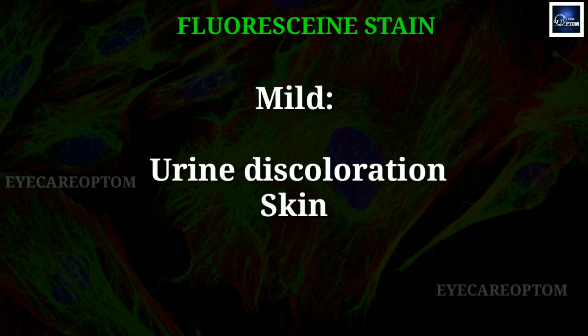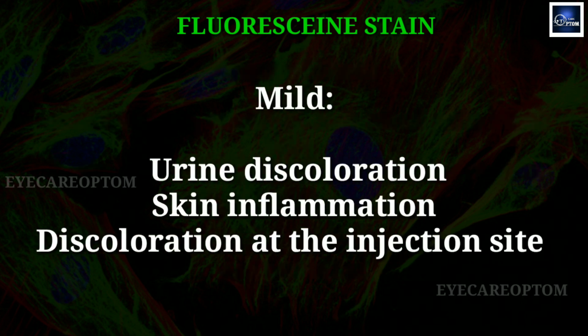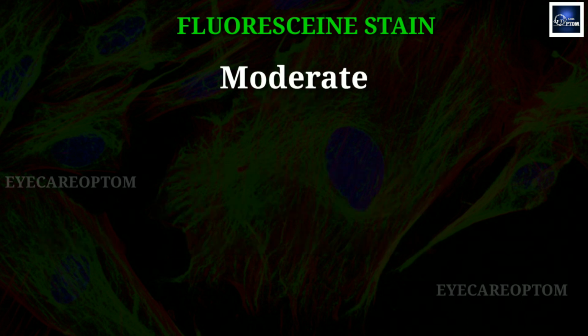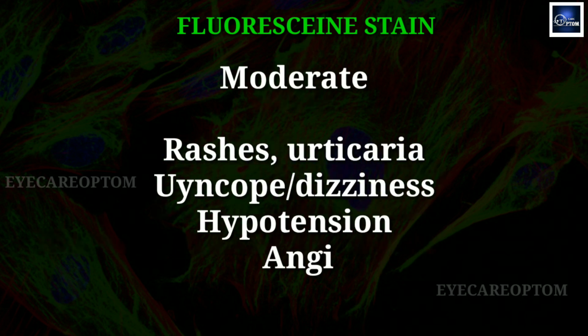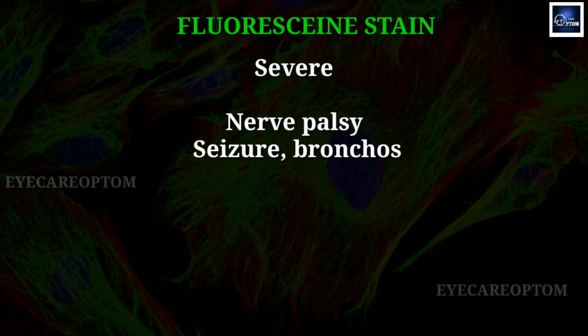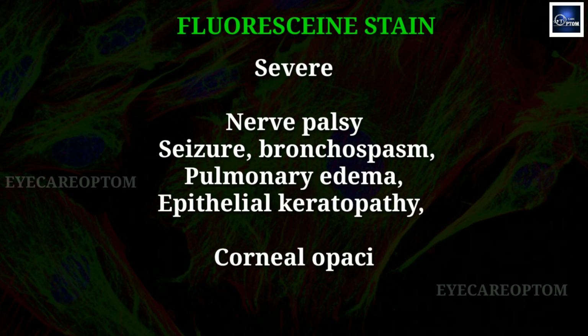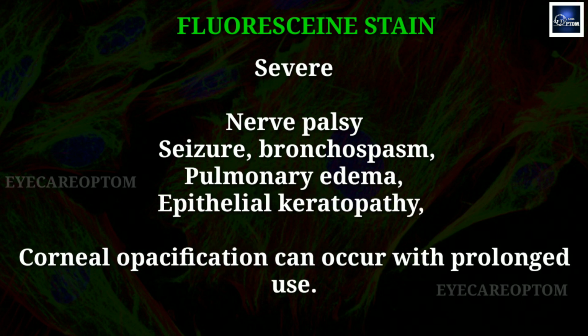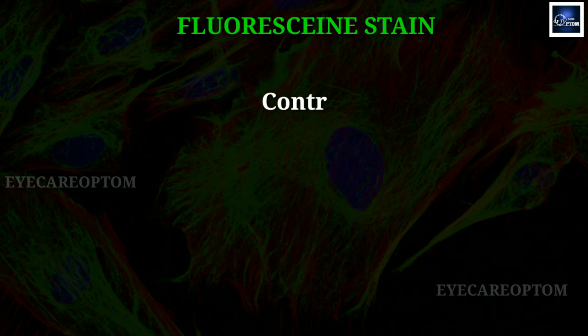In mild cases, urine discoloration, skin inflammation, discoloration at the injection site. In moderate cases, it will give rashes, dizziness, hypotension, angioedema and chest pain. In severe cases, nerve palsy, seizure, pulmonary edema, epithelial keratopathy. Corneal opacification can occur with prolonged use.